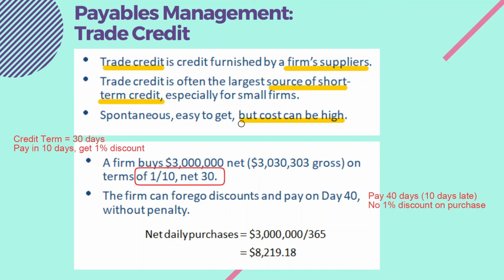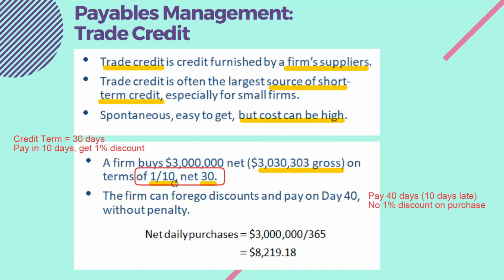Let's hypothesize that a company buys raw materials from suppliers in an amount of $3.03 million. The credit terms that the suppliers give to the firm is 30-day credit. However, if the company pays within 10 days, the company will receive a 1% discount on the purchase.